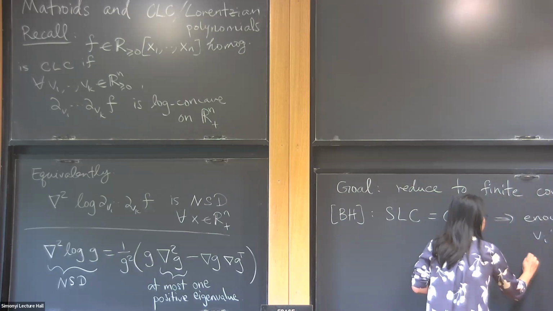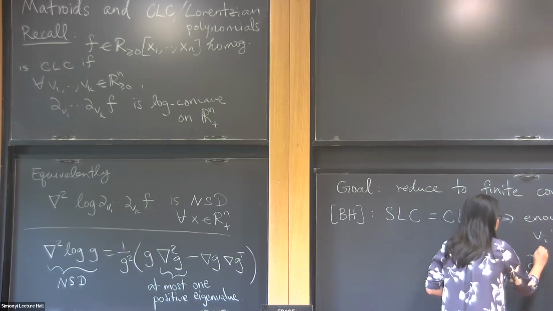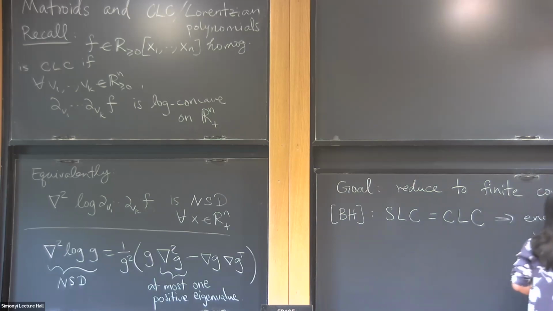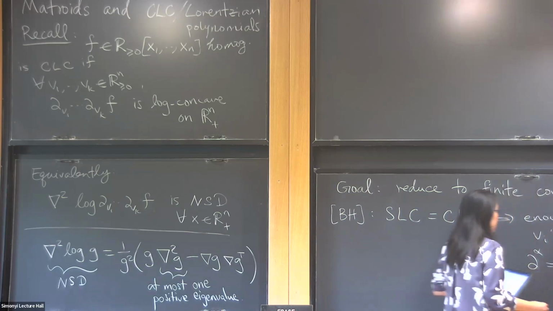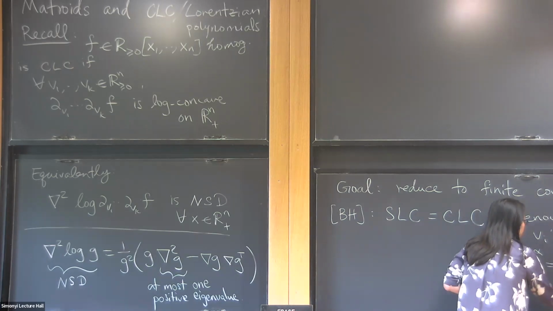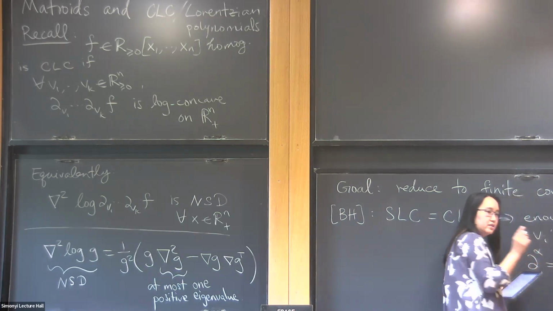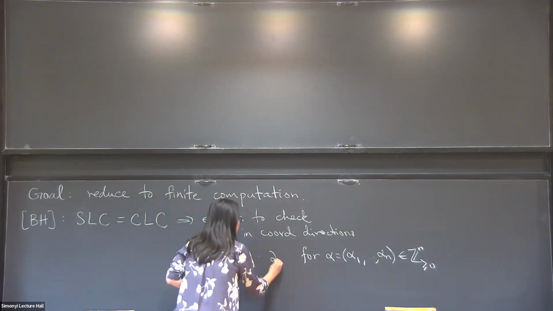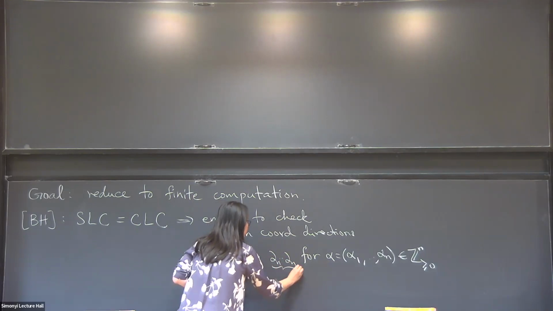So all we need to worry about is, say, partial to the alpha. By that I mean, if alpha is a tuple of non-negative integers, by this notation I'm going to let partial 1 to the alpha 1 times, where partial 1 is the partial derivative with respect to the first variable, and so on, up to partial n to the alpha n times.